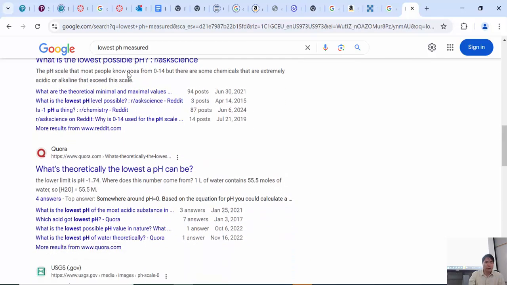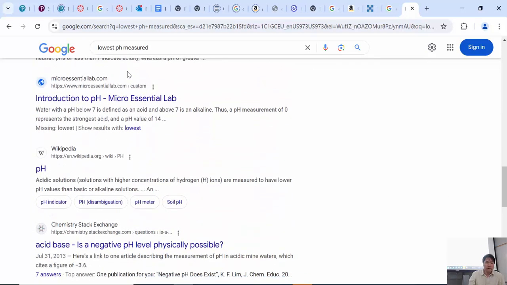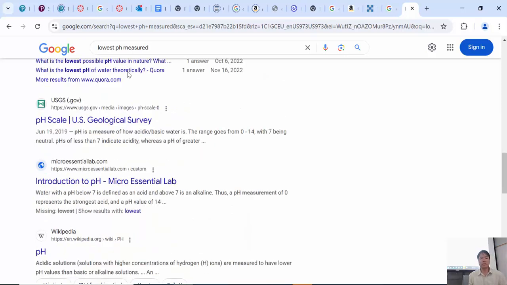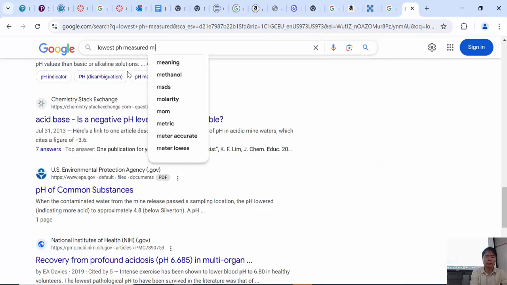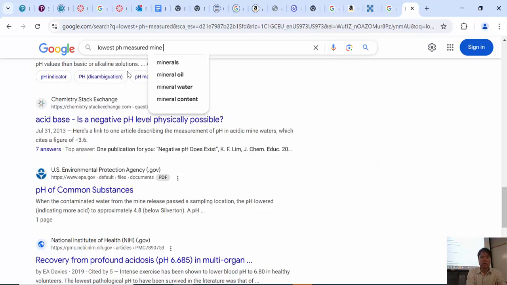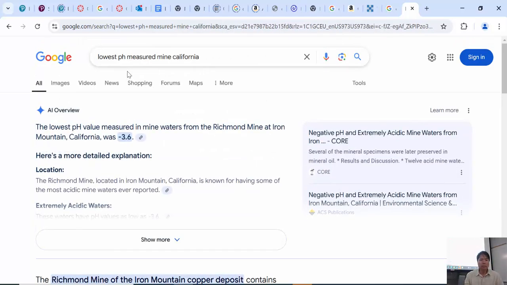It was from the mine tailings in California. Let me find it.